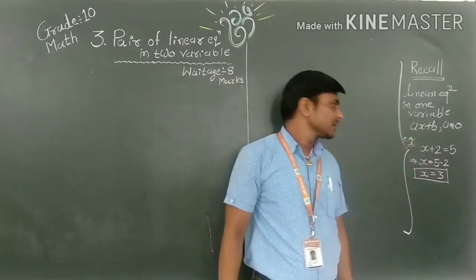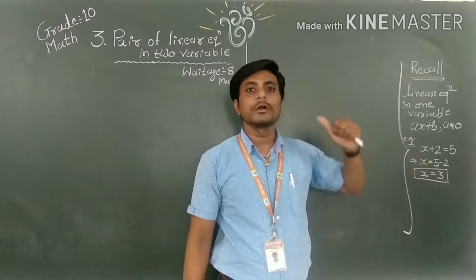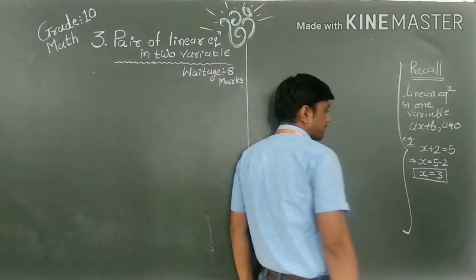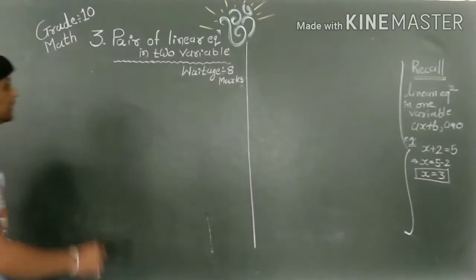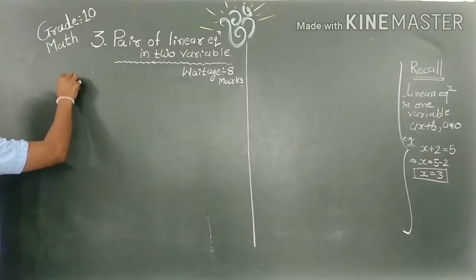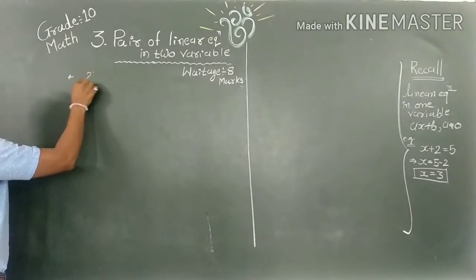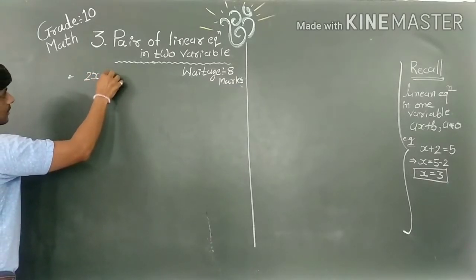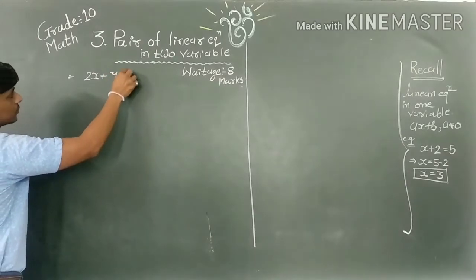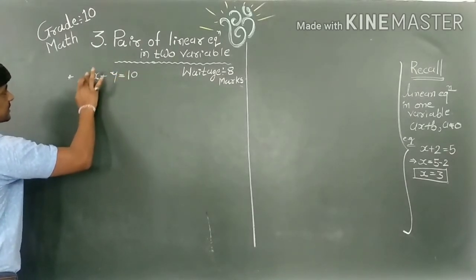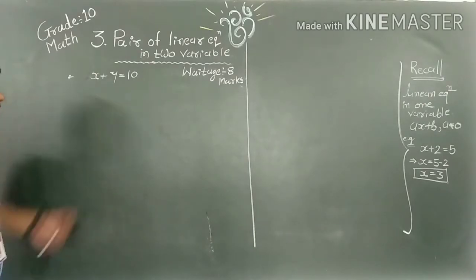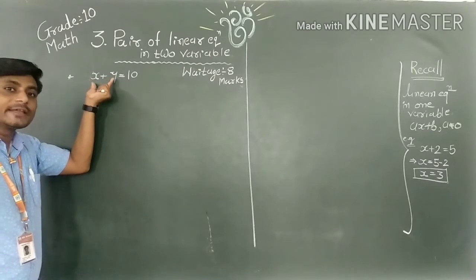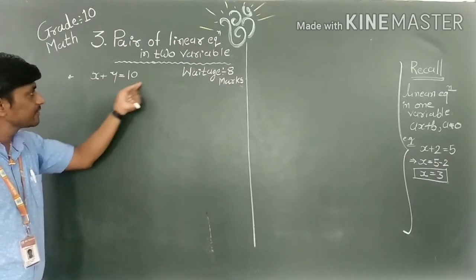But if in an equation there are two unknowns, then what happens? Suppose I write the equation 2x plus y is equal to 10, or simply x plus y is equal to 10. Here there are two variables, but we have only one equation.